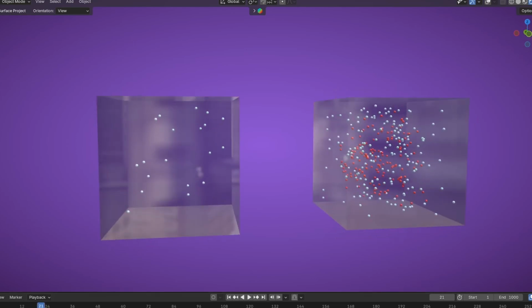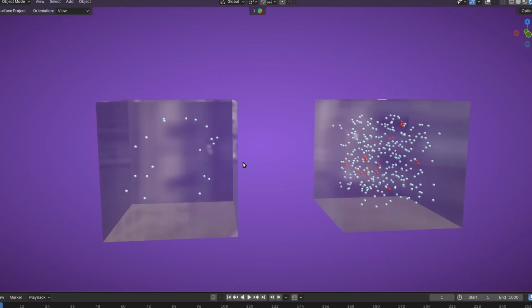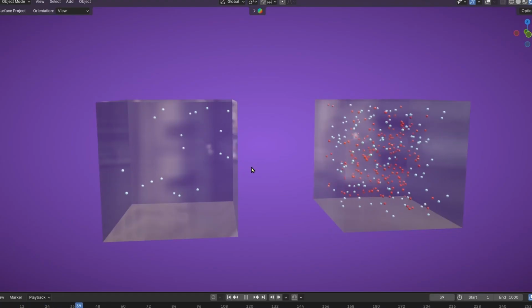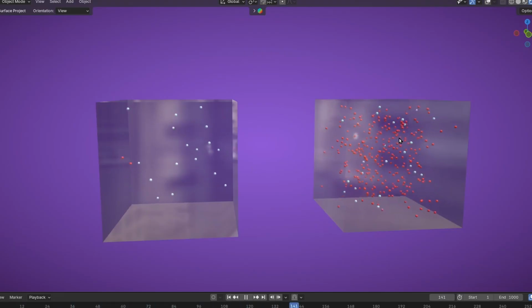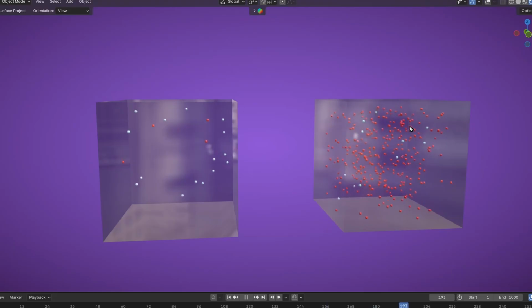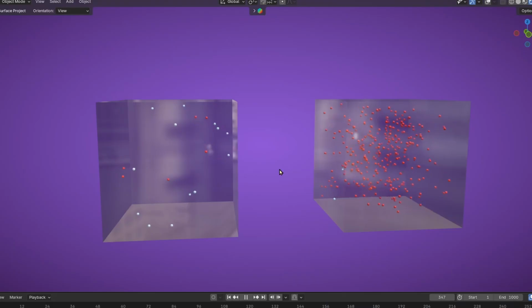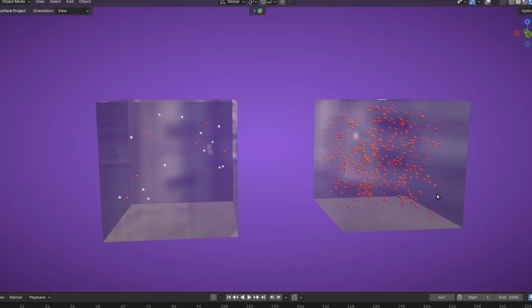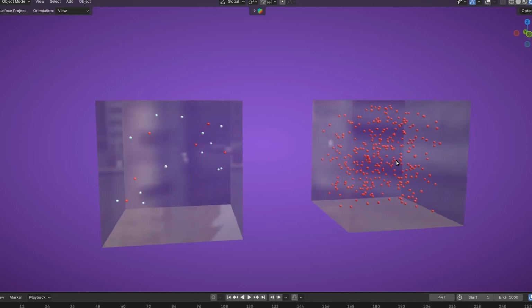I am assuming that when they collide with each other, their color changes to red. If you look here, you will see that very quickly most of them change color to red in the container on the right, and in the one on the left many of them are not yet energized. After a long time has passed, now you see all of them here are energized enough that they can form the product.